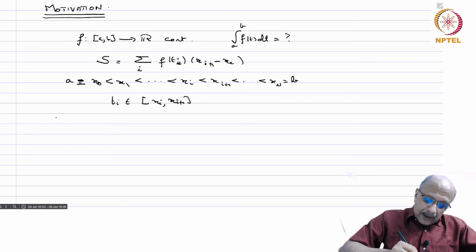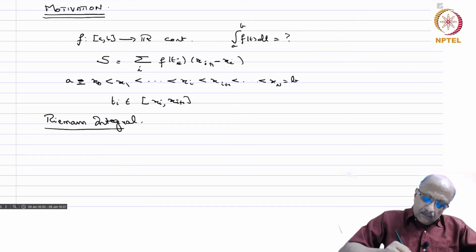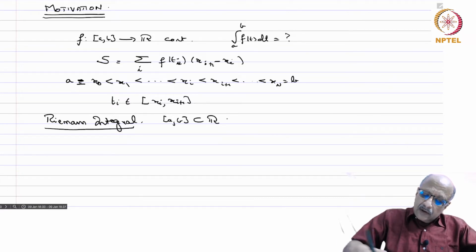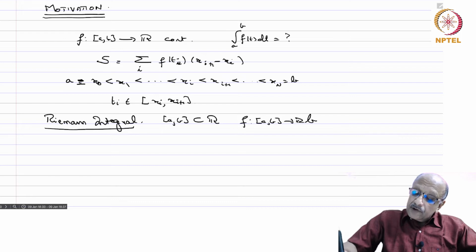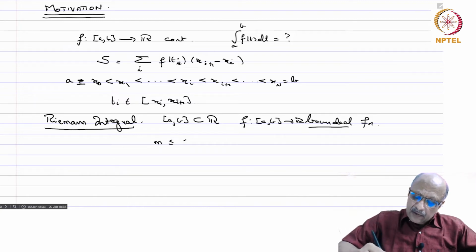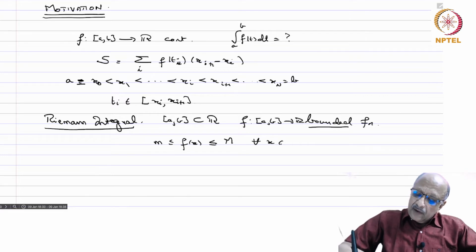So we take the Riemann integral. [a,b] in R is a fixed interval, and f from [a,b] to R is a bounded function. That means m is less than or equal to f(x), which is less than or equal to some capital M, for all x in [a,b].